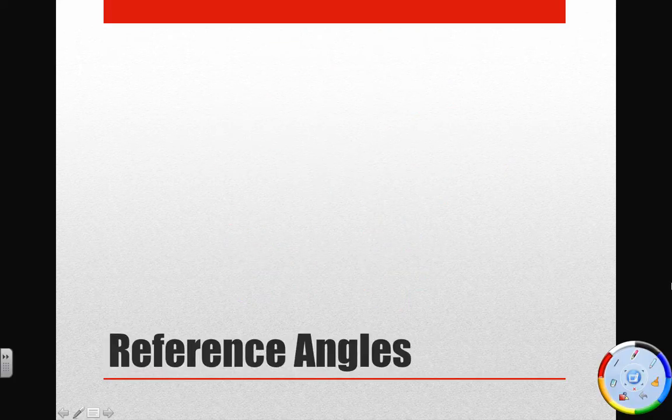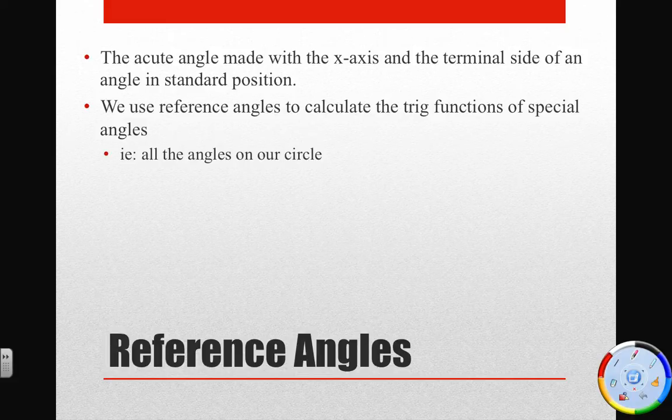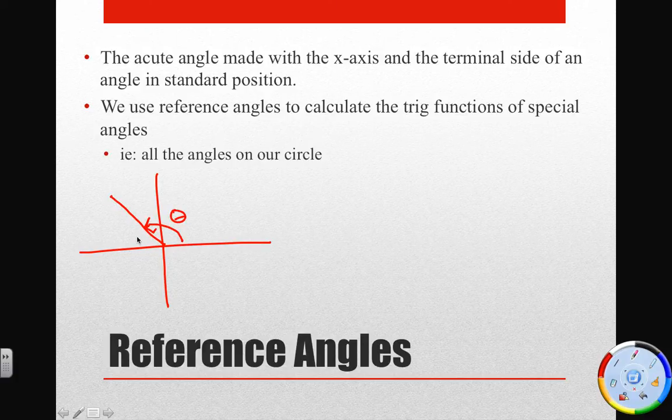But first we have to learn something else. We have to learn this idea of a reference angle. And what a reference angle is, it's an acute angle, so less than 90, made with the x-axis and the terminal side of an angle in standard position. And I've actually already referenced this reference angle before when I looked at this theta, and I made a note of this angle being alpha.